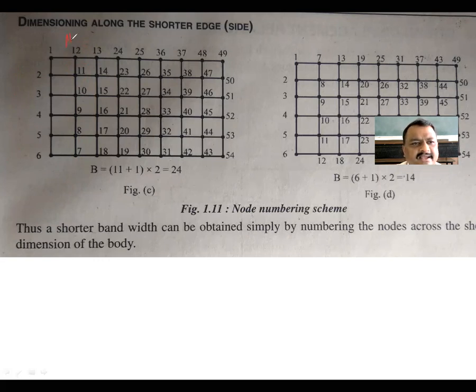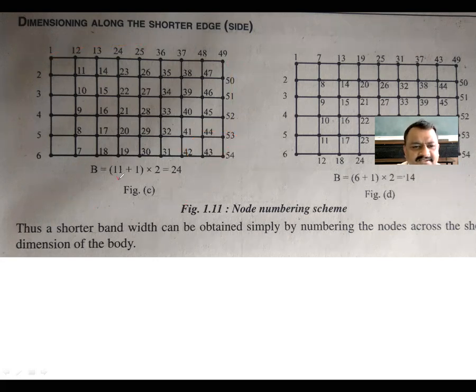So 11 is the largest difference in any element. If I take the last element, you can select any element, 44 minus 43 is 1. Similarly, 53 minus 44 is again 11. 53 minus 54 is 1, 43 minus 54 is 11. So the largest difference according to this numbering fashion will be 11.